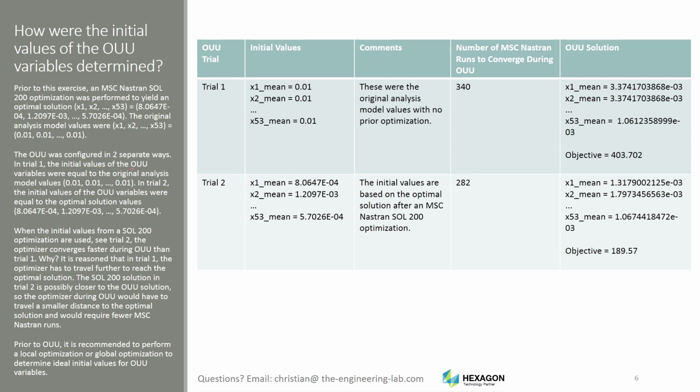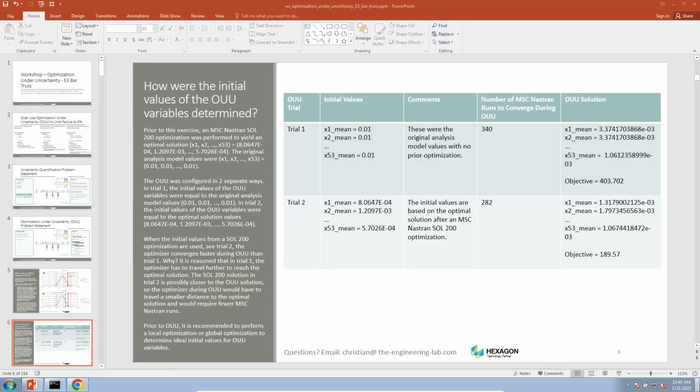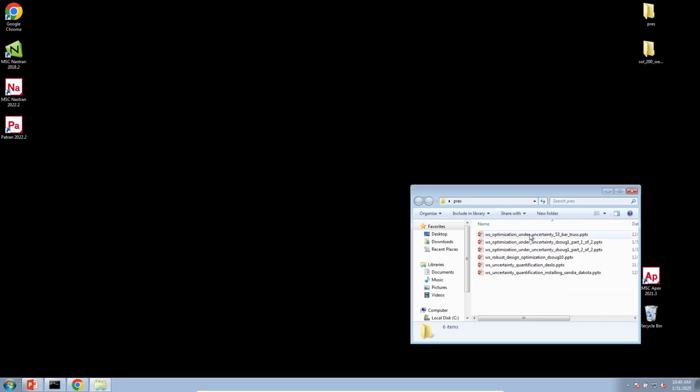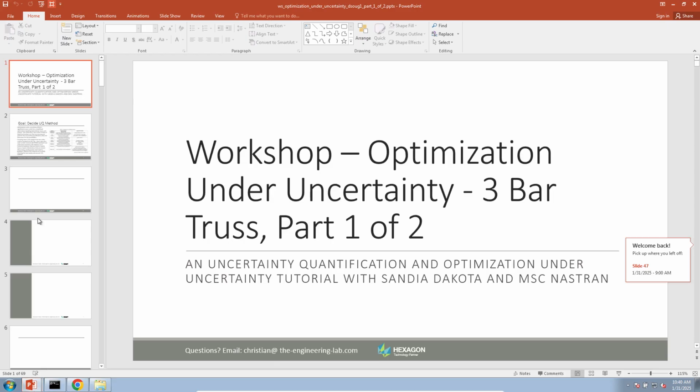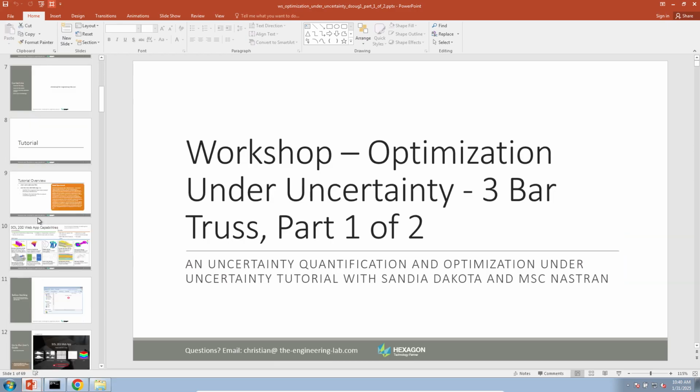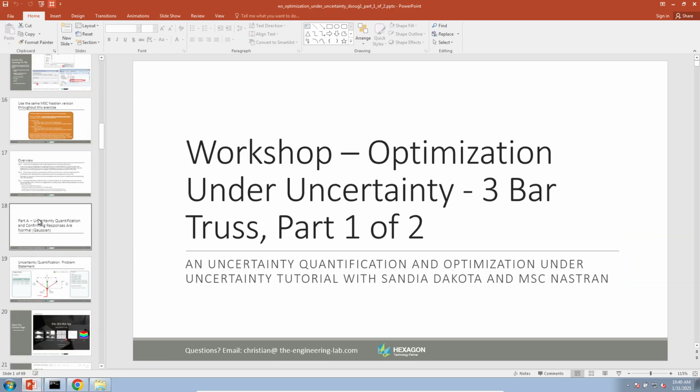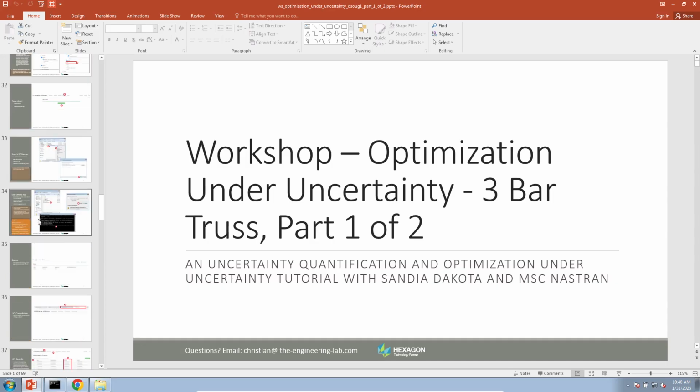Now here, let's see, a quick discussion on the starting location of the optimizer. In a separate document, it's worth noting, just in case you haven't seen it in the other presentation, there are certain locations where you can start the optimizer.